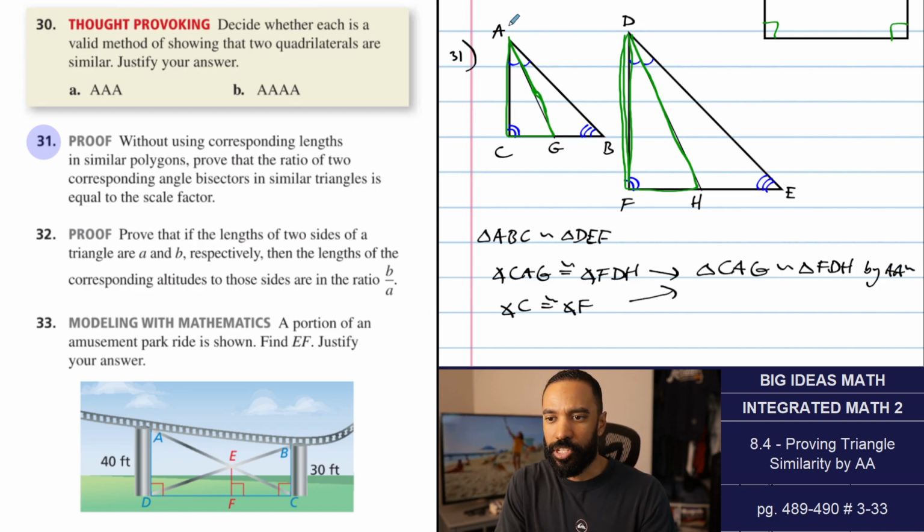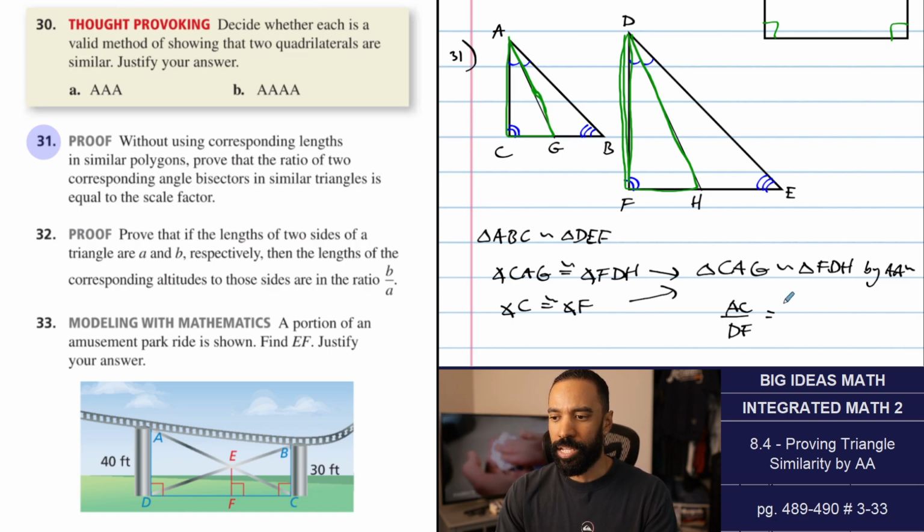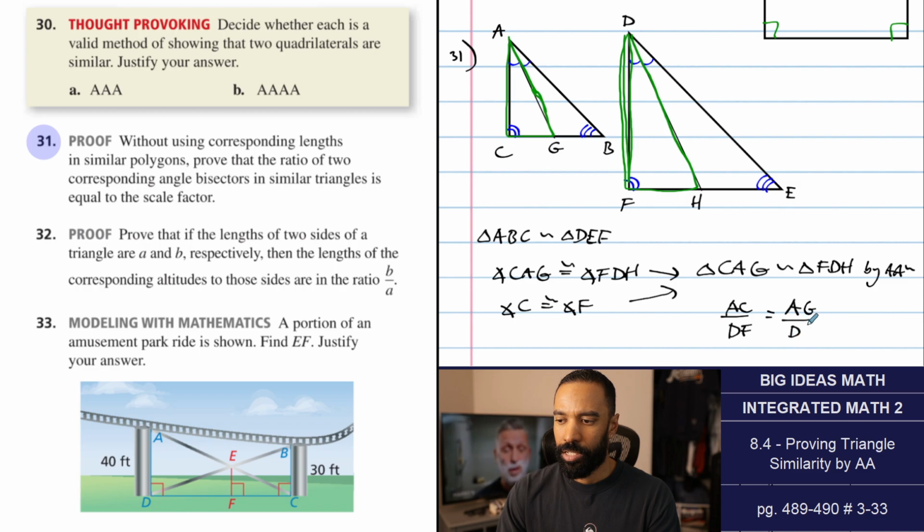And we already know some parts here that make the scale factor, like AC to DF. So AC to DF is equal to this AG to DH, which should be the same as your K.